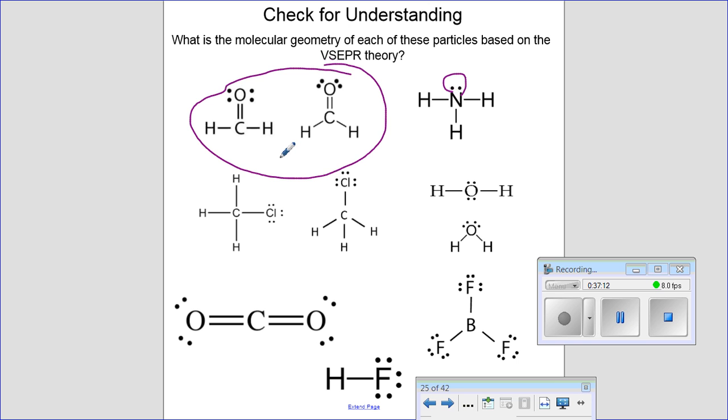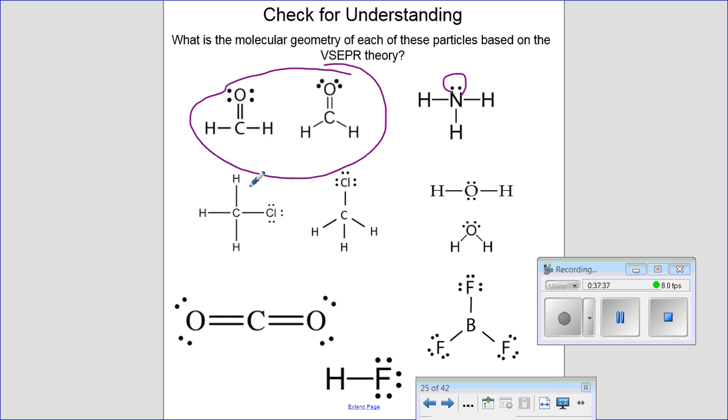Do you see the difference? These two structures have 3 bonded atoms, but there are no lone electrons on the central atom in CH2O, and there is a lone pair of electrons on the central atom in NH3. So planar, pyramidal.